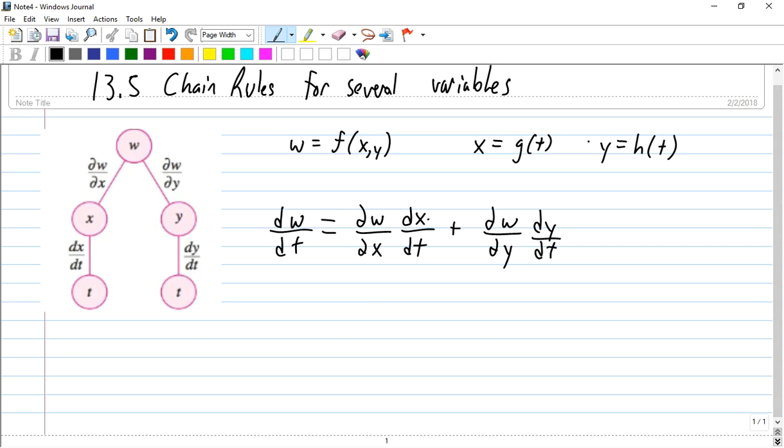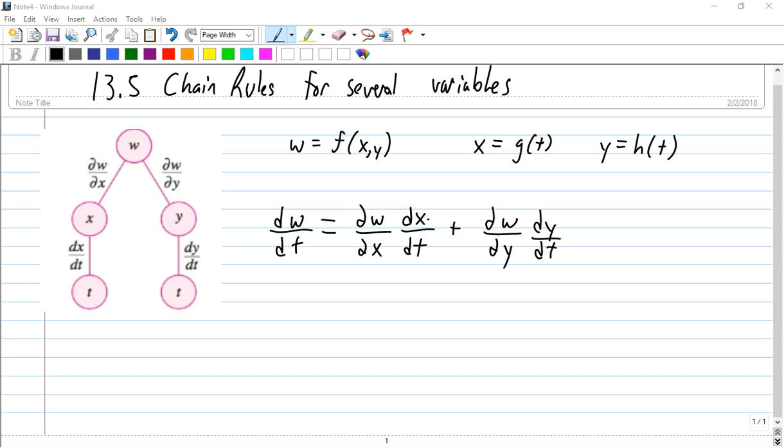So since x and y are both functions of t, or I was calling it time, then not only do you have to take the derivative of the function with respect to x and y, you also have to take the derivative of x and y with respect to time and put those in there. So that's kind of what the chart says.